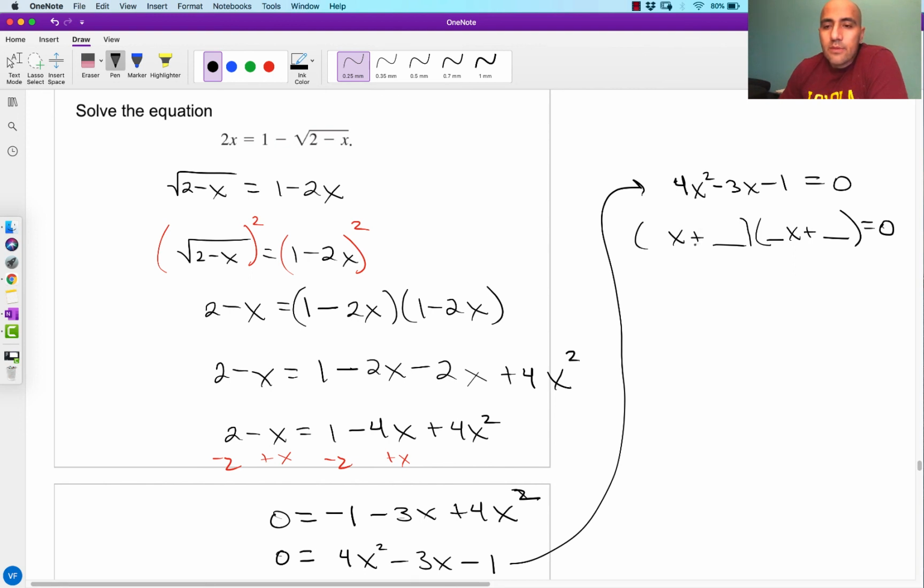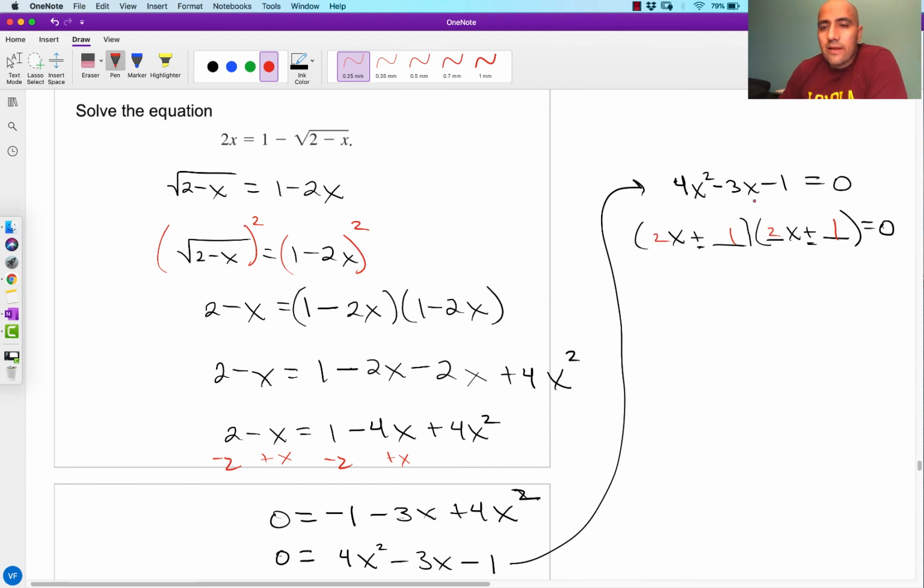So this is plus or minus something here, plus or minus something there. It seems like a pretty good bet that these guys are going to be 1s. And so now the first two terms have to multiply to this one. So 4, it could be 2 and 2. So we can try 2 and 2, see if that works out.